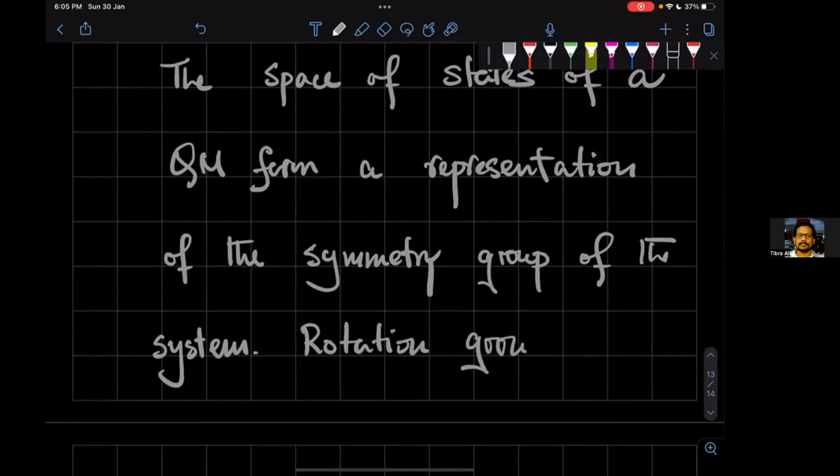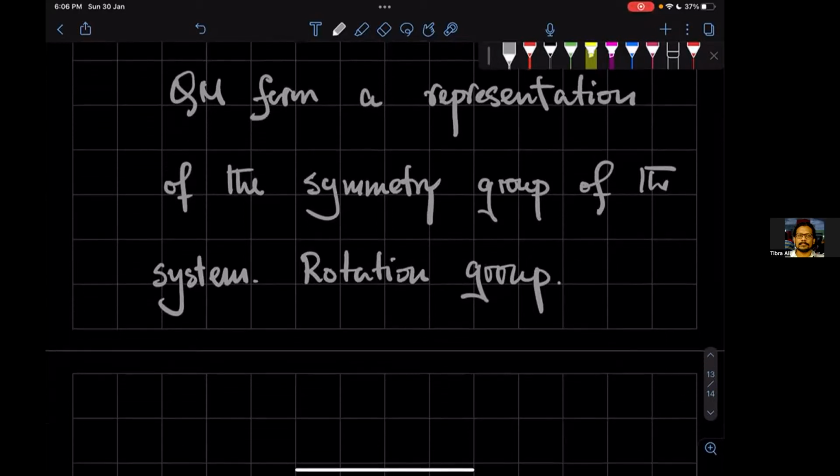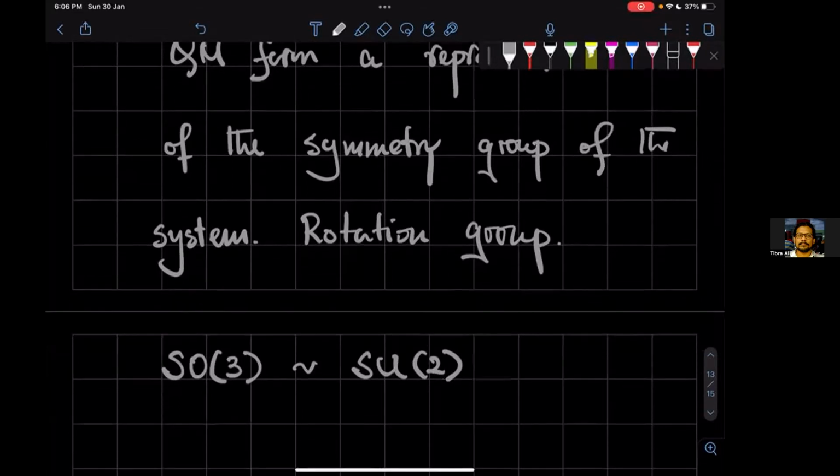Either your quantum mechanical system has some rotational symmetry, or it is in a space where there's rotational symmetry, right? Because if you think about empty space, we do have rotational symmetry. This is known as isotropy of space. The rotation group in 3 dimensions is SO3, but in quantum mechanics it's the double cover, which we will learn about, SU2, which becomes more important.